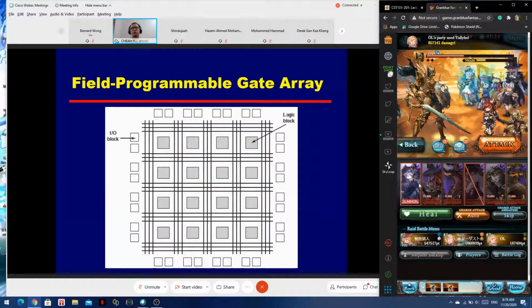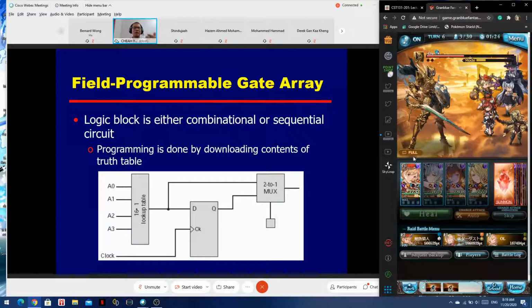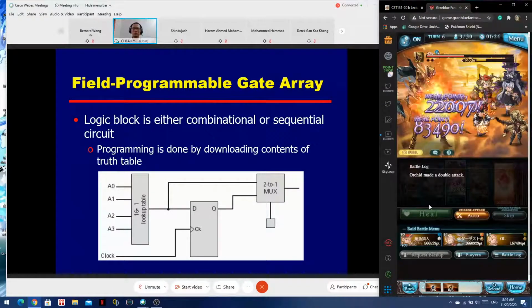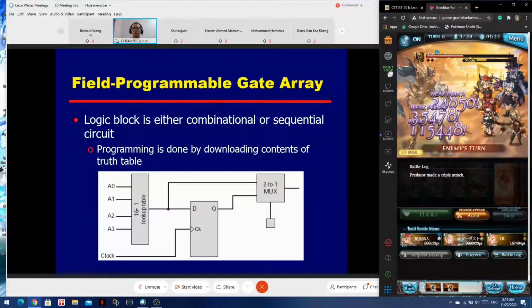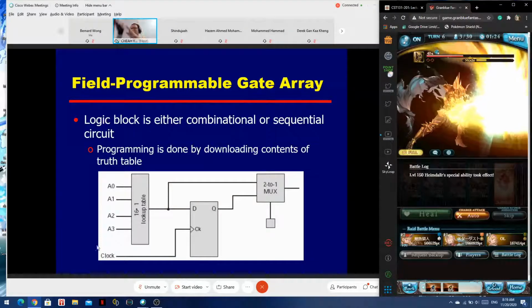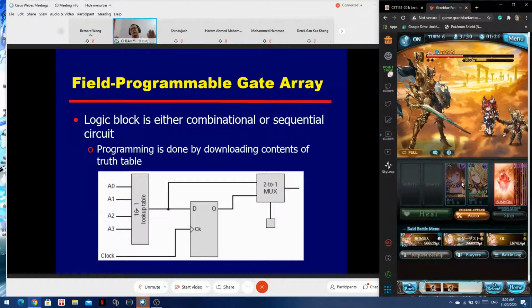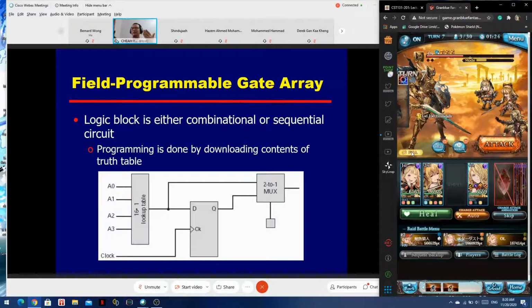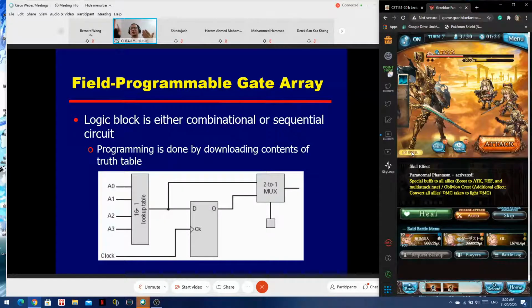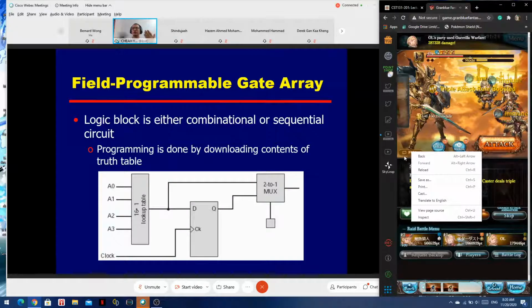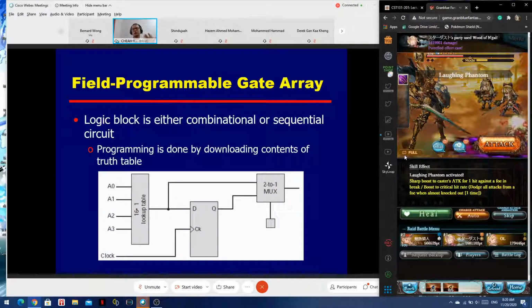So inside those logic blocks, basically you're having potentially something like this, where you select what you want to fire, or you select which function you want to choose. So a lot of these are done by triggering or selecting which logic block to activate and which logic function you want to activate.